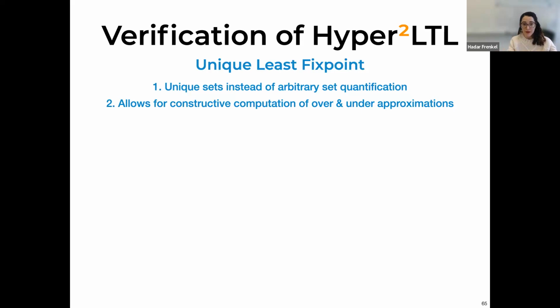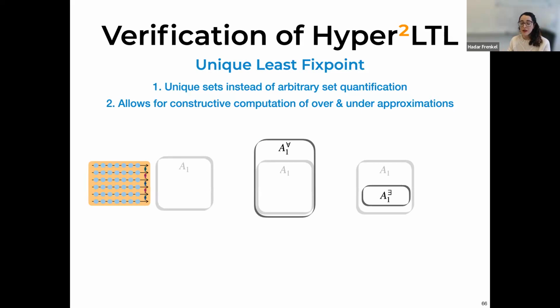So if you go back to our example, we have our desired set in our head of indistinguishable traces that we want to capture somehow. The traditional way to capture temporal properties is using automata constructions. So we want to come up with an automaton for our desired set of traces.